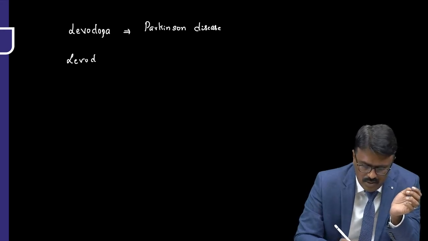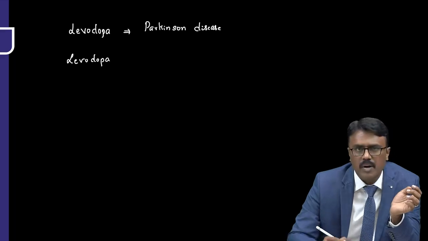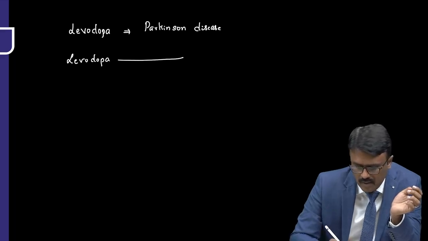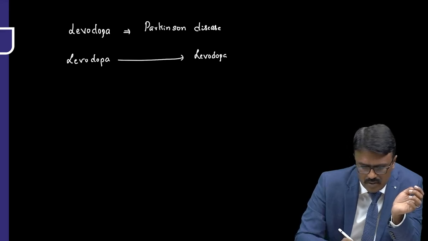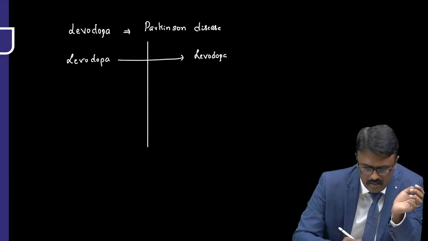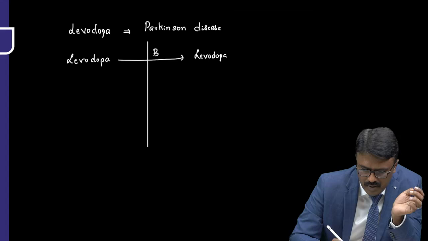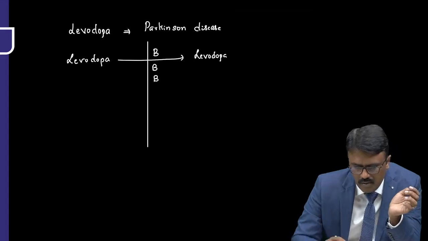So let us see what happens with levodopa. When we give levodopa, it is the one which crosses the blood-brain barrier. So this is the barrier. Let me write it as blood-brain barrier. So levodopa enters.